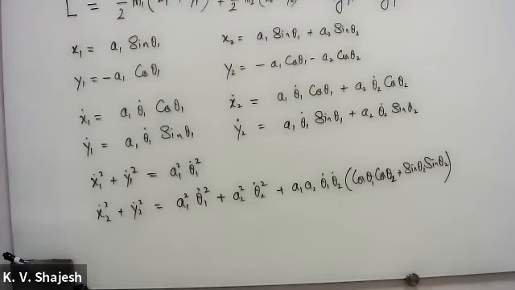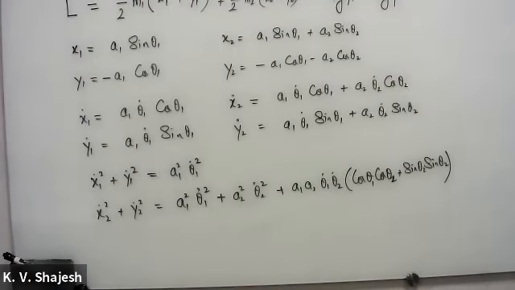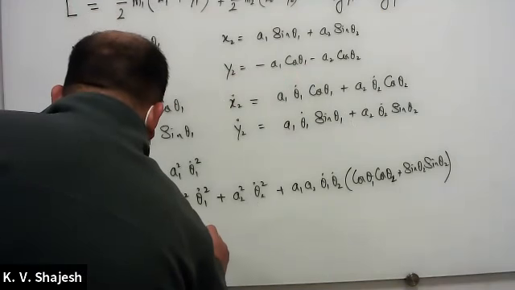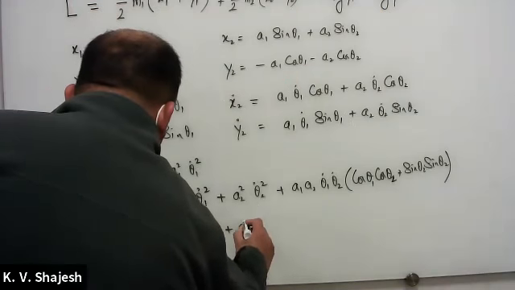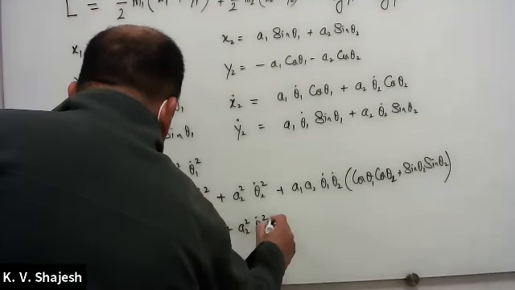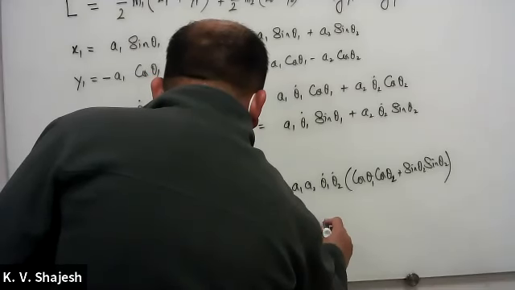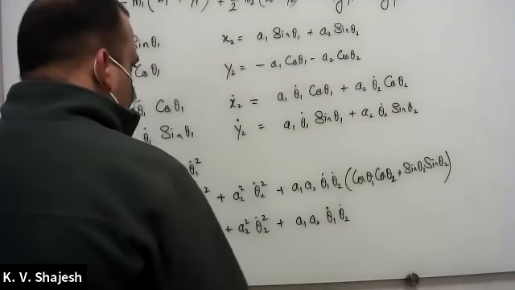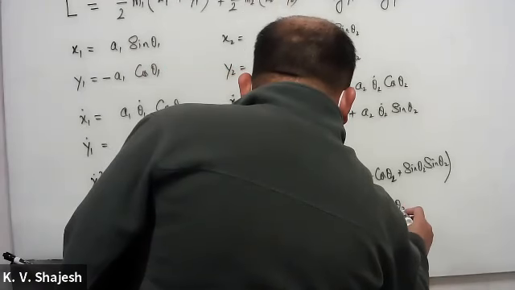That structure, product of two cosines plus product of two sines, is the double angle formula for cosine. So that's a small simplification here. That gives A1 square theta 1 dot square plus A2 square theta 2 dot square plus A1 A2 theta 1 dot theta 2 dot cosine of theta 1 minus theta 2.